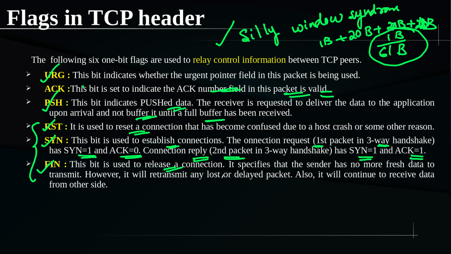Right now I want to stop the connection, but some of the previously communicated data may be lost or delayed, and at that time I am ready to retransmit it, and I am also ready to continue processing what is sent to me by the other party. But after that I will terminate everything. So even after trying to release the connection, it may wait for a small time to take care of the retransmission and receiving of data which is already in transit.